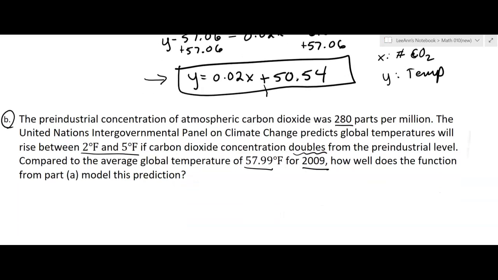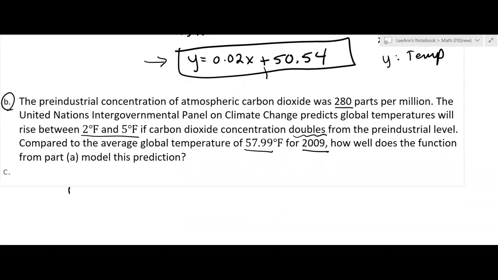I'm going to scroll up so we can do that. Y equals 0.02x plus 50.54. And then what we want to do is find out when the carbon dioxide concentration doubles, what would the temperature be?